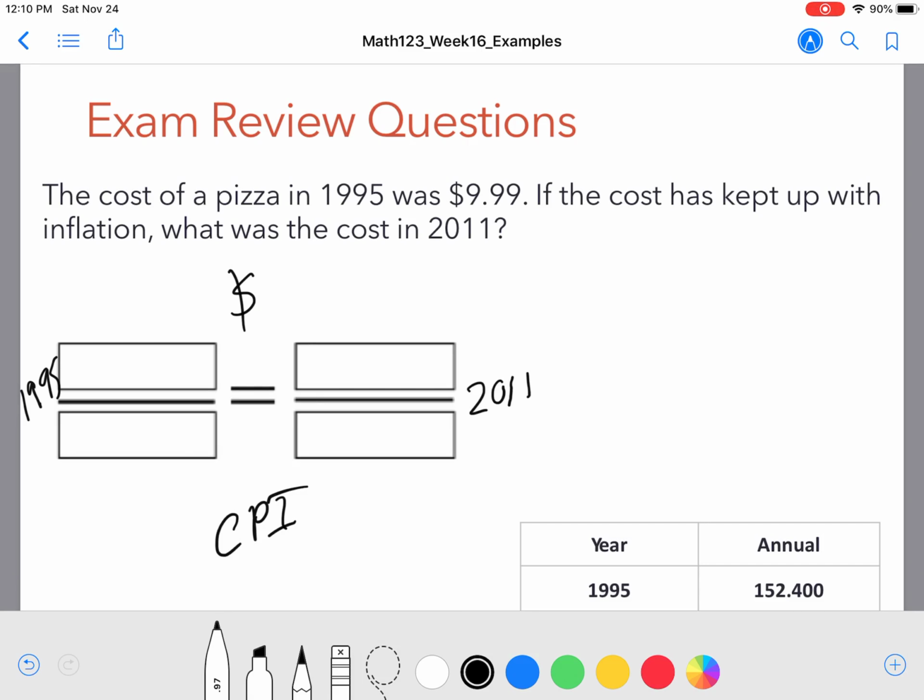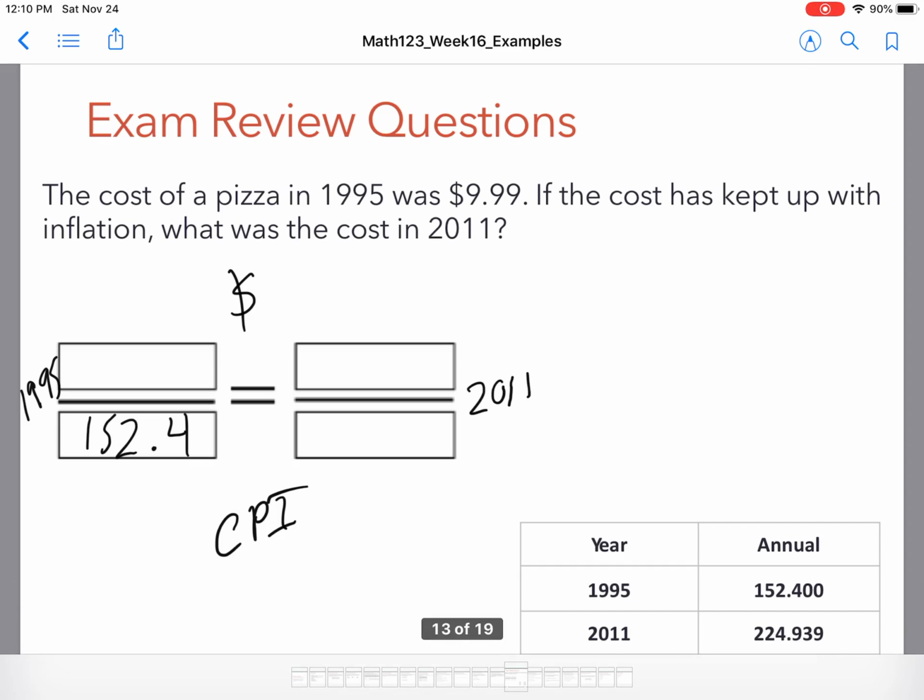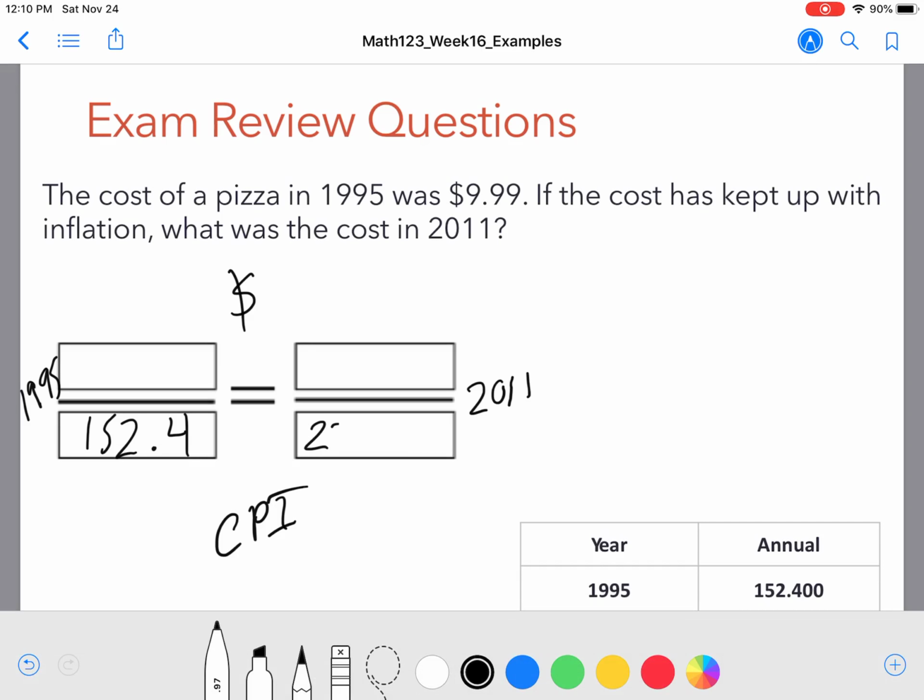So you do not have to set it up like this, but it does tend to work kind of nicely. So now all I have to do is fill in my CPI value, which 1995 is 152.4, and then I can't see what my other value is. 224.939 is the other value.